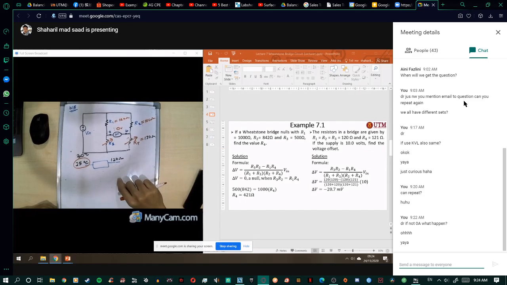So when you get 130 ohm, you can adjust this resistance to be 130 ohm also. When you adjust it to 130 ohm, the same as this one, you will get 0 volt.